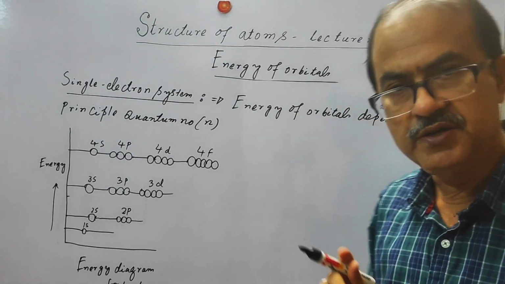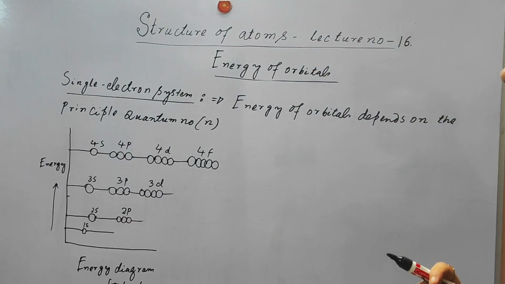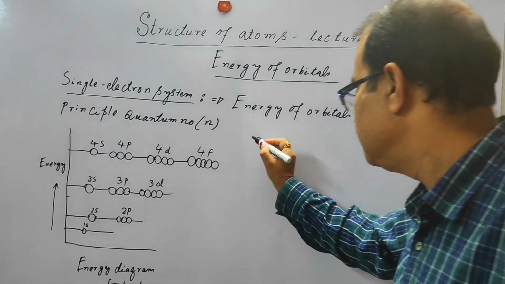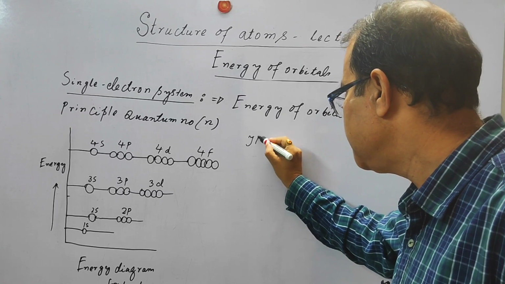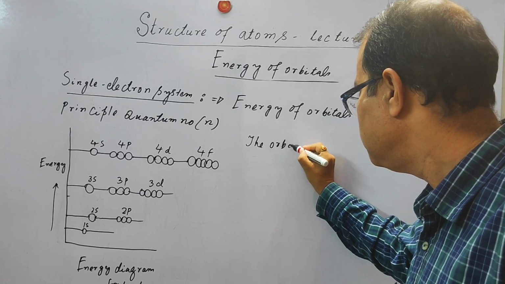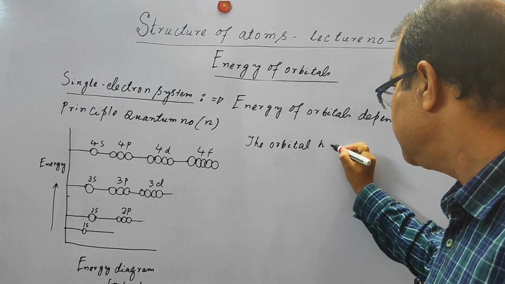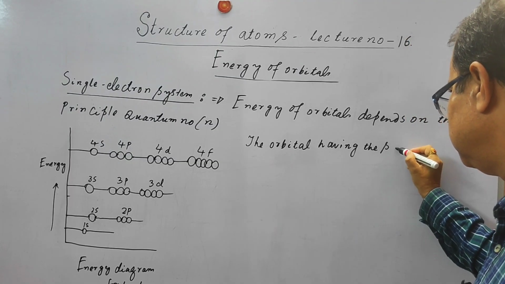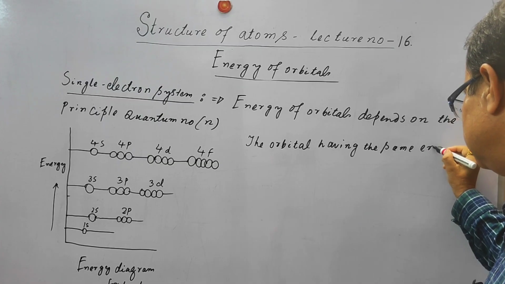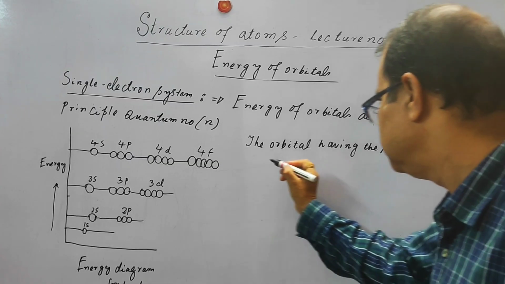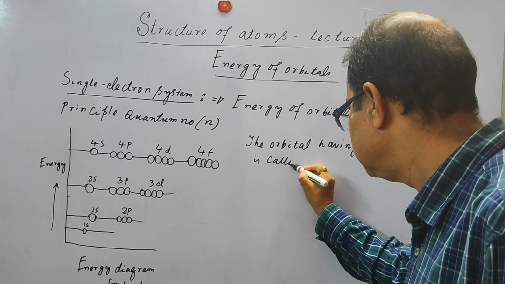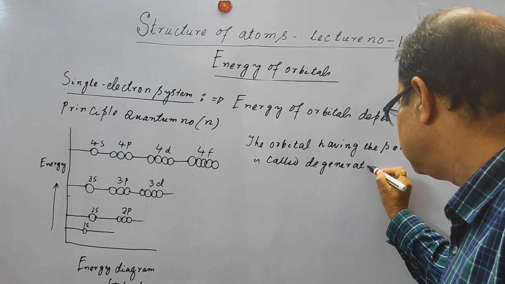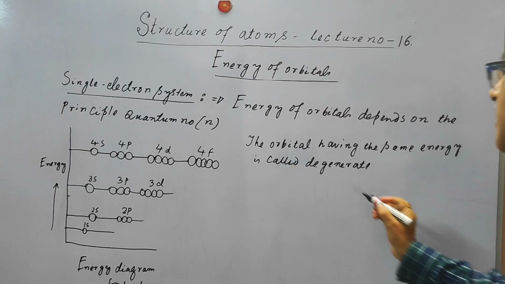So we can write this very important thing. Here, one thing that you need to understand, that orbitals having the same energy are called degenerate orbitals. The orbitals having the same energy are called degenerate.